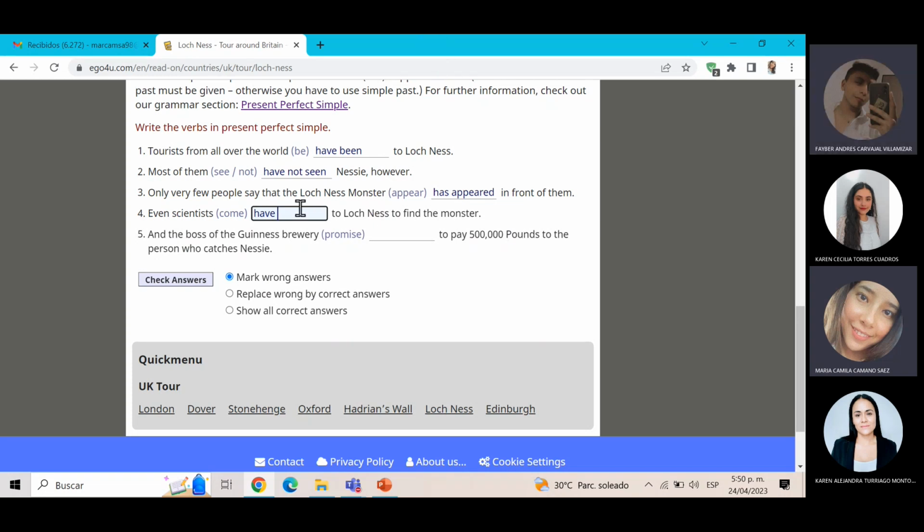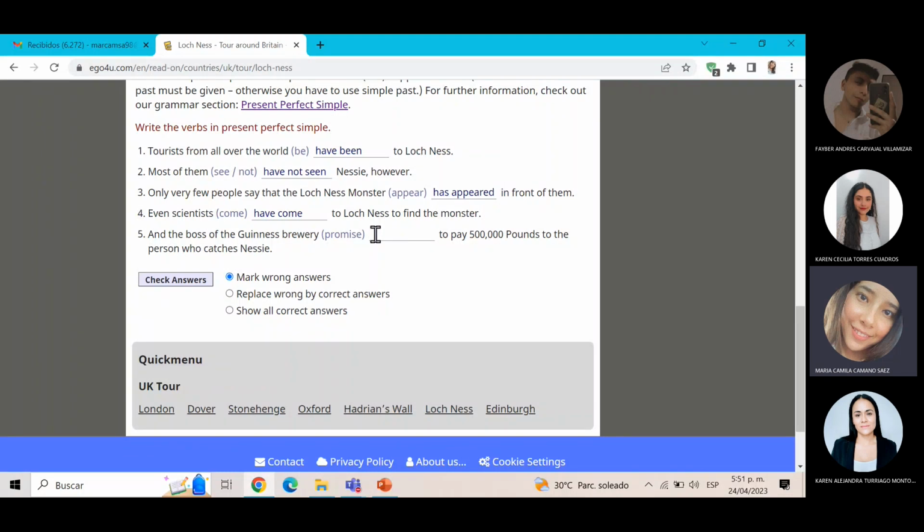Okay, in the past simple, can you spell it? Come again? I don't know. The same. Yes, you're right. This verb doesn't change in the past participle form. Trust your knowledge.